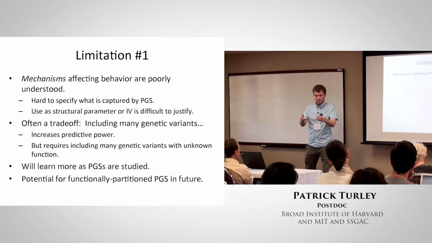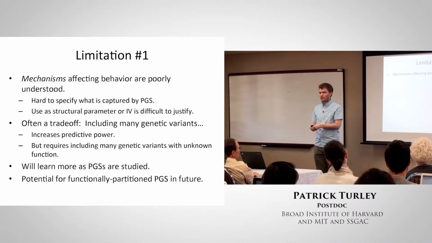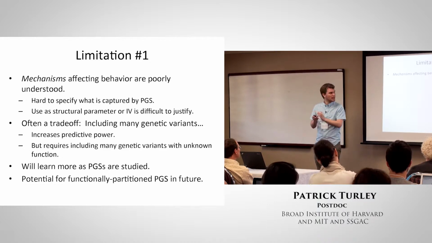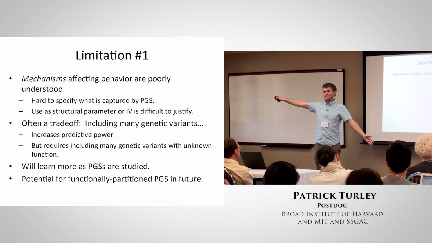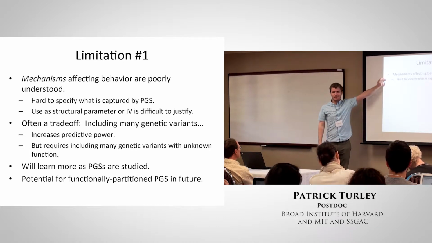Let's look up our biological annotation tables, and we see it's on this gene, and this gene is associated with whether or not mice give up in their mazes, so I can start getting a good guess about what this SNP does. With this score, because it's a weighted sum of every SNP in the genome, there might be a lot of different pathways and a lot of different mechanisms at work. And so it's really hard to say this is what this score is doing.